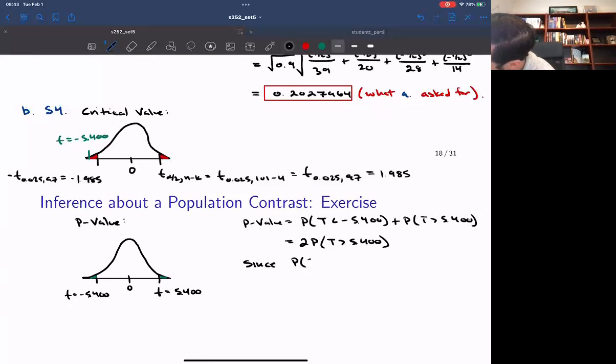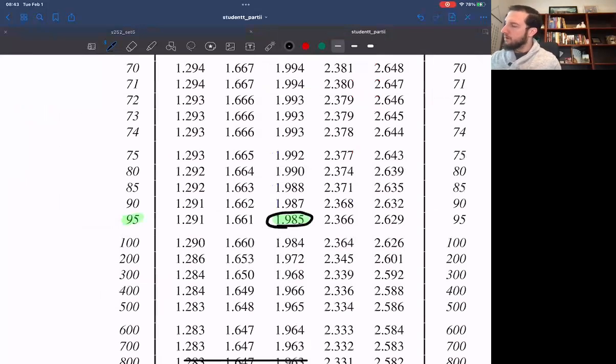Okay, so now we will go to our t table. All right, so we have 95 degrees of freedom in this particular situation. Well, we have 97 degrees of freedom, but we're using the 95 line because we don't have the 97 line in the t table. We're looking for 5.400. We can see that that's bigger than the biggest listed value.